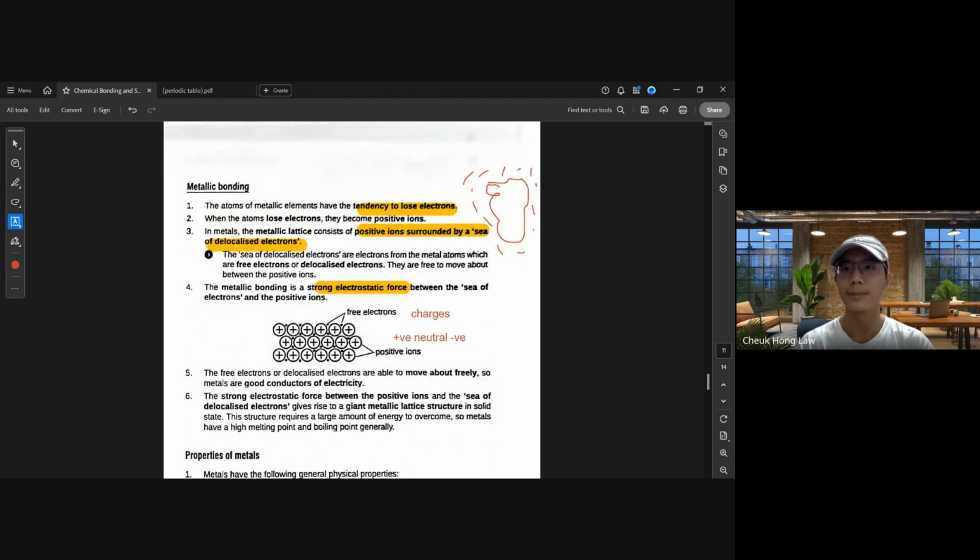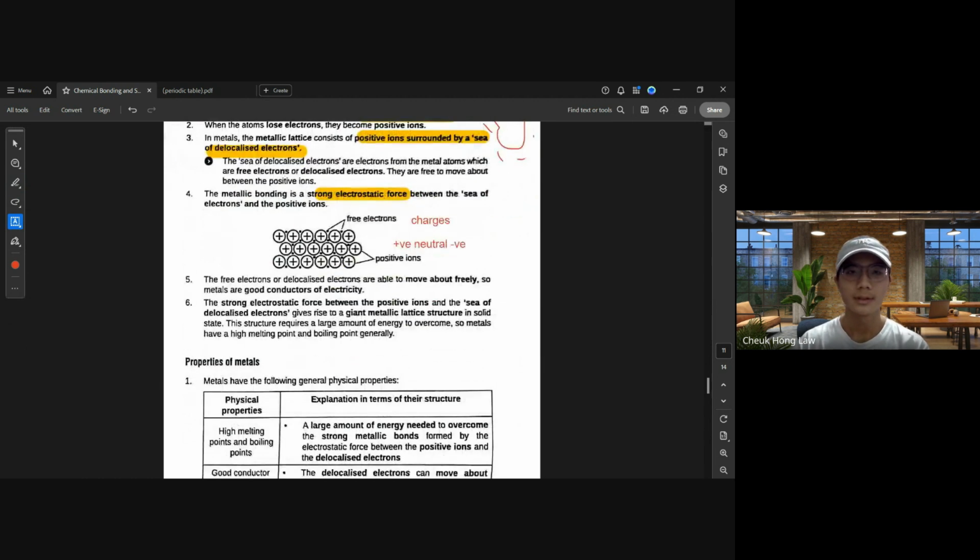That is also why the bees over here always swarm around, always crowd around the honeycomb. It's like very strong attraction, very strong electrostatic force. The free electrons or delocalized electrons are able to move about freely, which means that it can conduct electricity.